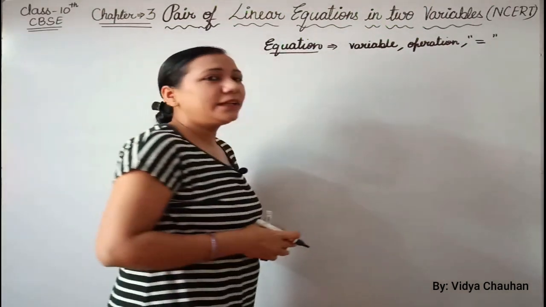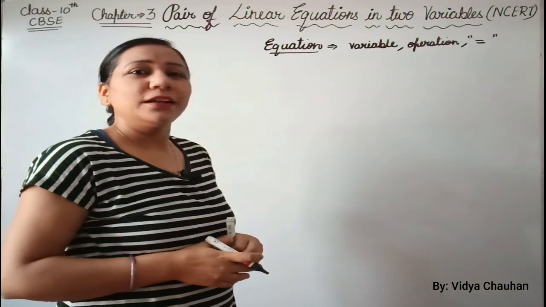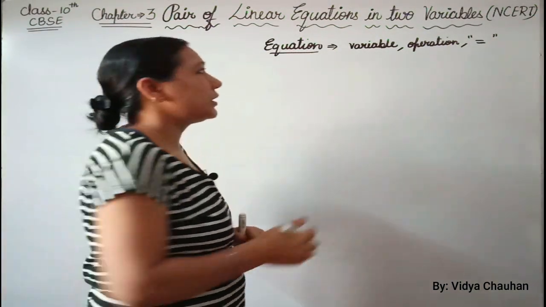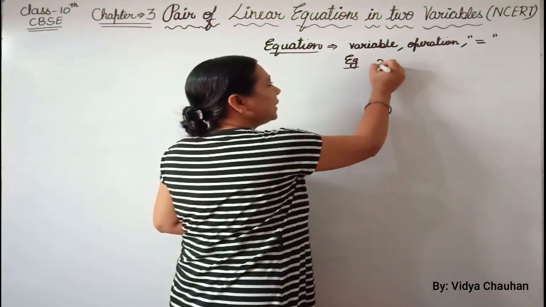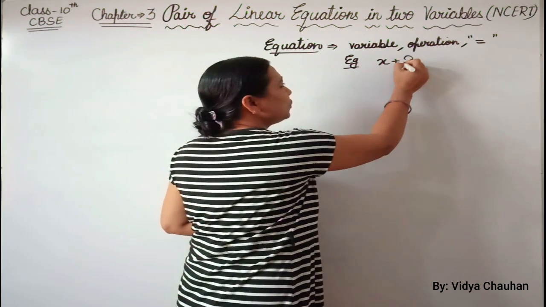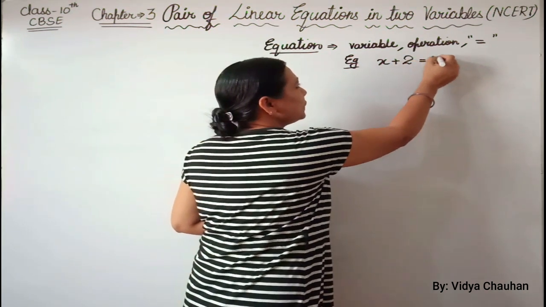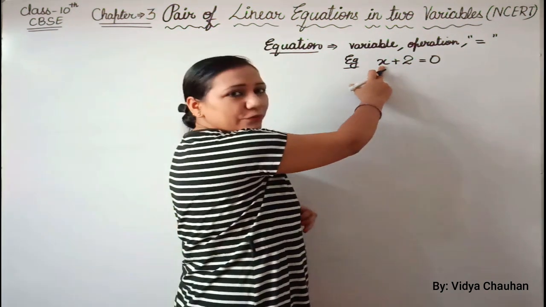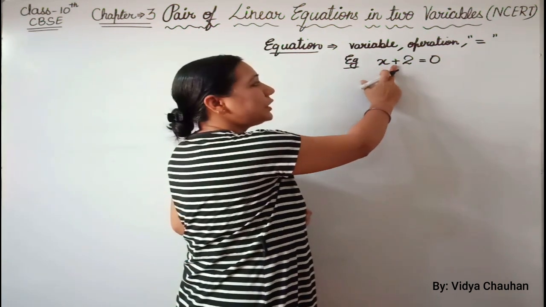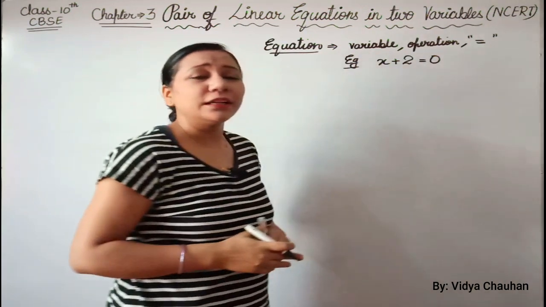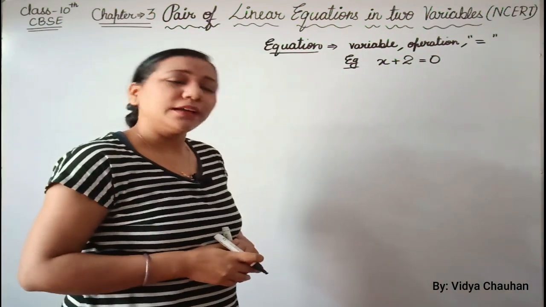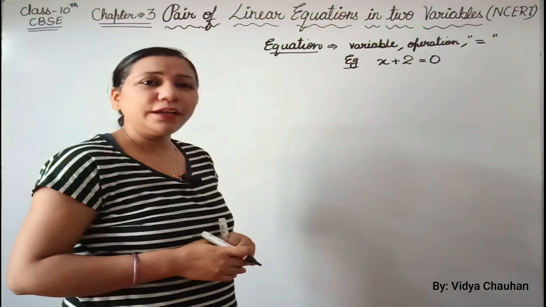When these three things combine together, you will form an equation. For example, if I write x plus 2 equals to 0, I used a variable, an operation followed with a constant term, and an equals to sign. So this will give us an equation.